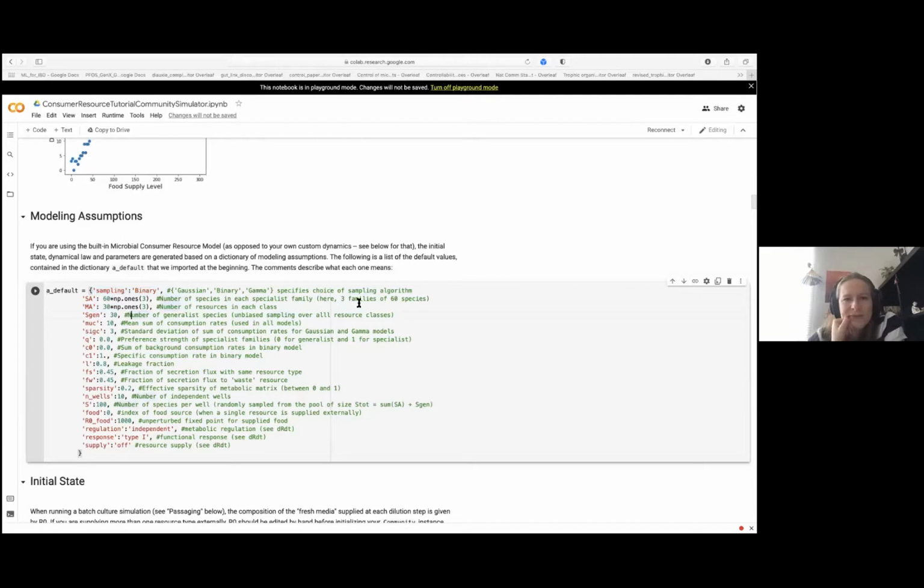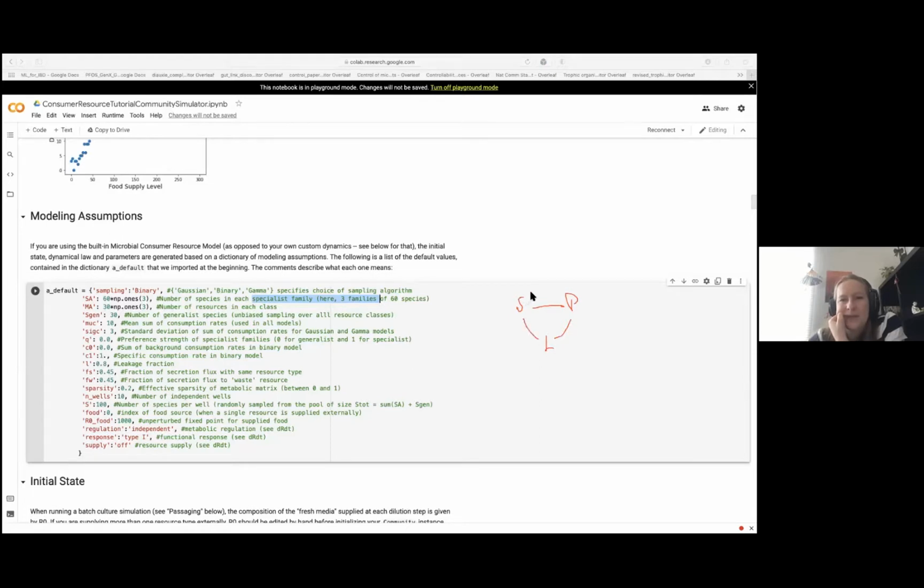One confusing part for you here is probably what this specialist family is when they define their species. Here in this example, basically what they do is assume that your resources can be of different classes, say sugars, then proteins, and maybe some lipids.